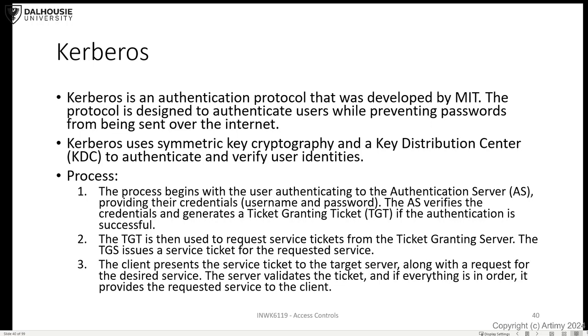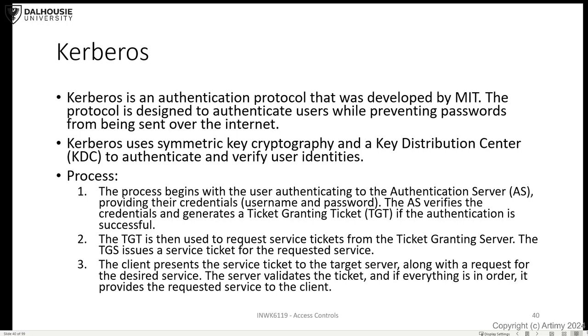So the process begins with the user trying to authenticate. It sends the credentials, username and password, or any other authentication technique, to the authentication server. The server takes this information and verifies the credentials. I'll show you in the next slide how it verifies them, but it verifies that this person is the right one, and it generates a ticket granting ticket, the TGT, for the user.